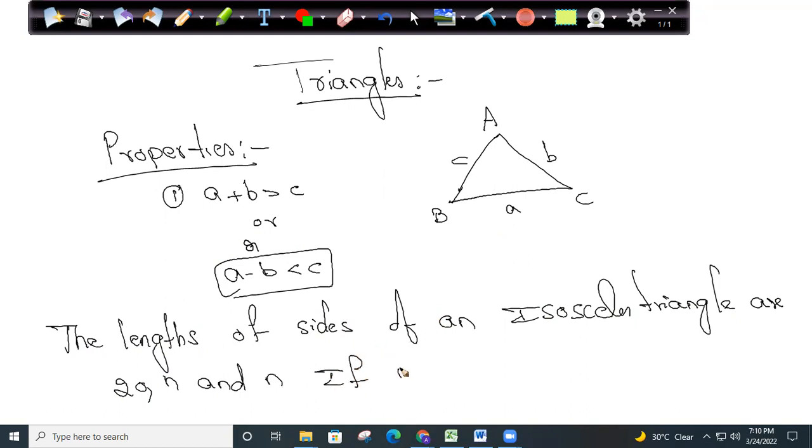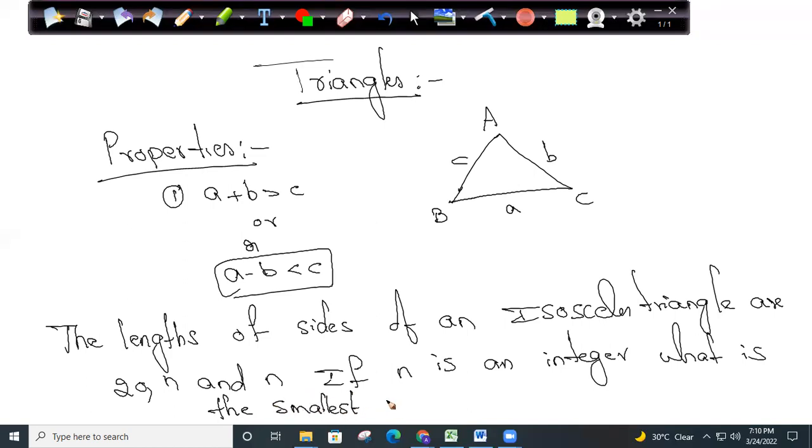If n is an integer, what is the smallest possible perimeter of the triangle? All the questions that I'm going to discuss on the board are most important.